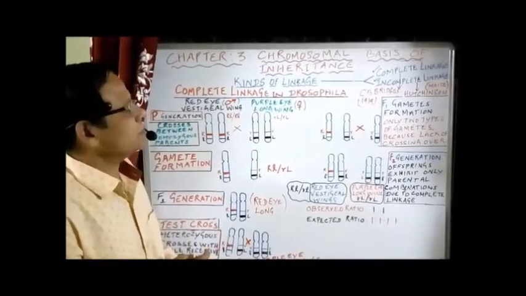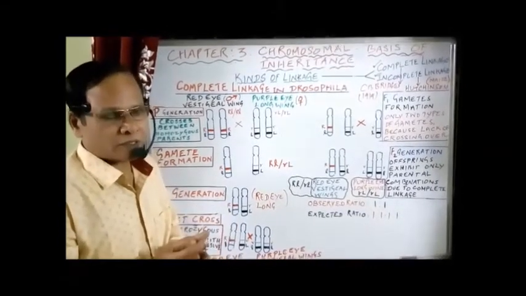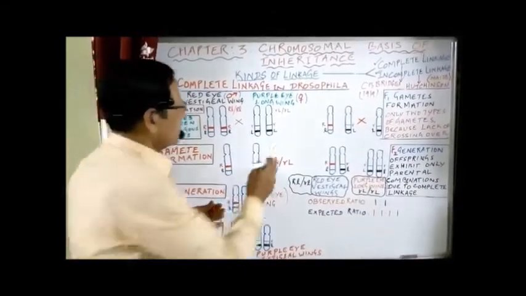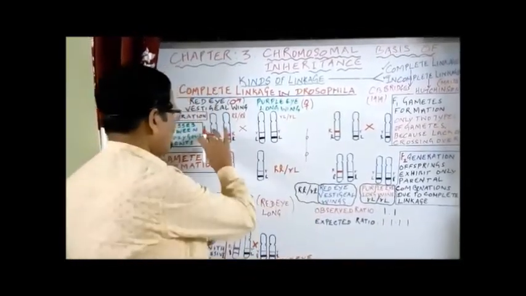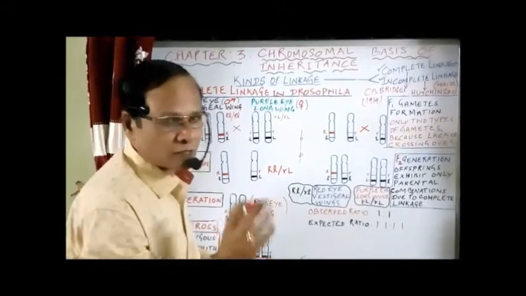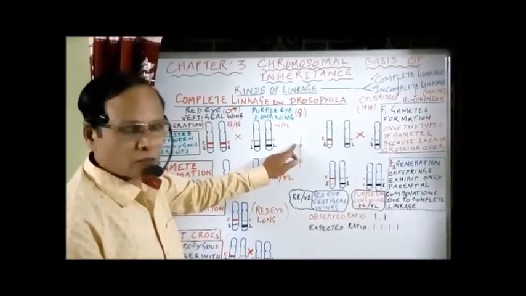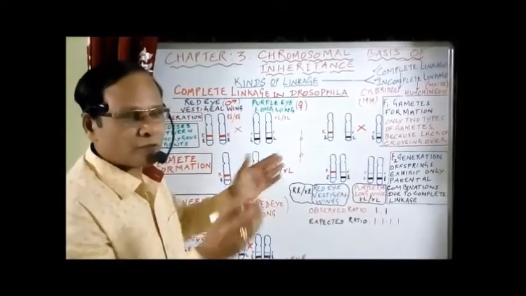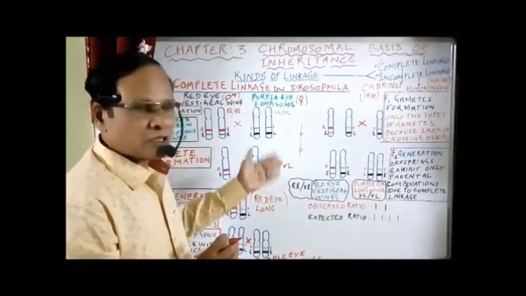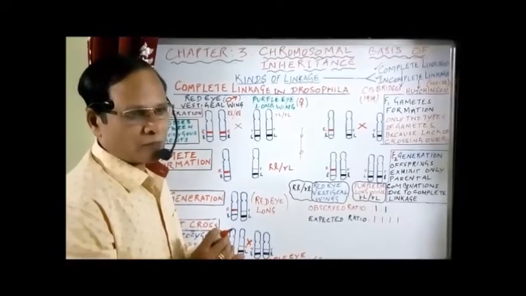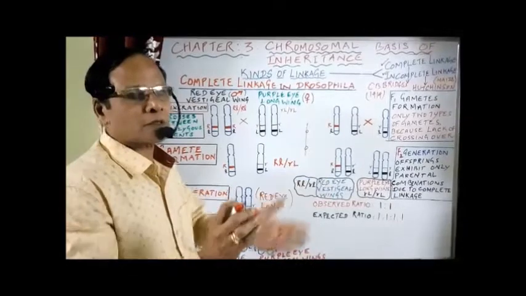Now in the case of incomplete linkage, suppose the two linked genes are placed far apart. This is a chromosome; here the genes are closely placed, so there is no chance of crossing over. But if the two genes are located far apart, away from each other, and there is any chance of crossing over, then there is a chance of separation of the genes because of crossing over.